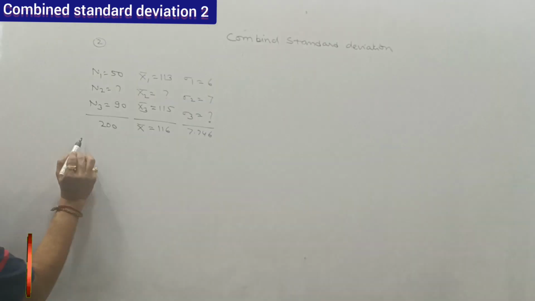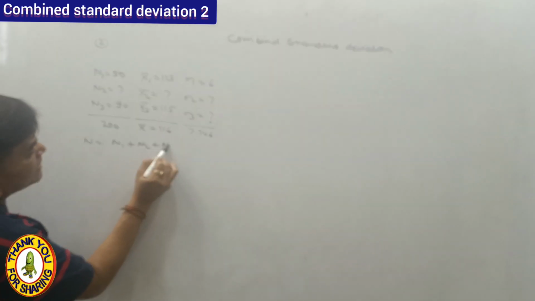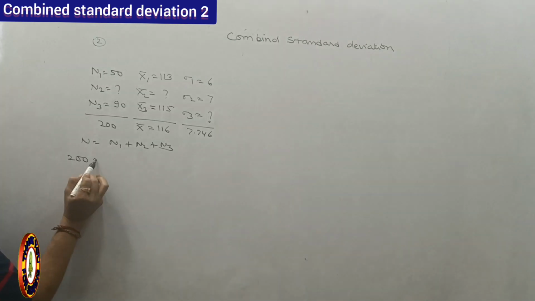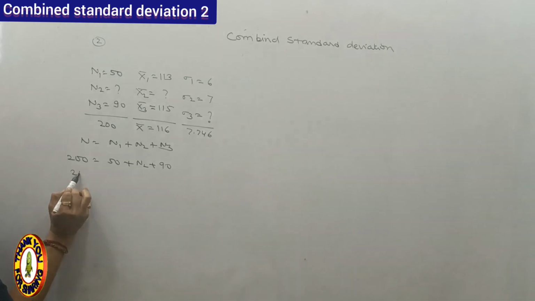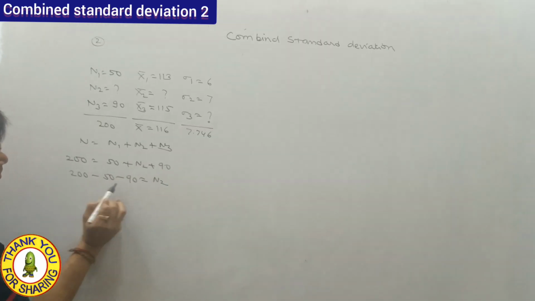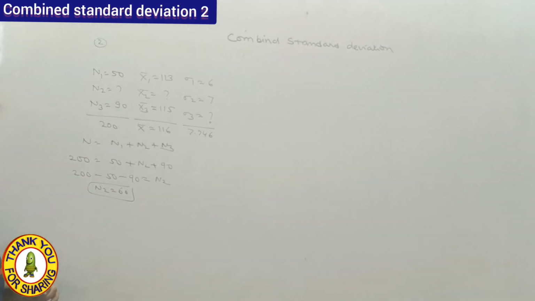So first N is equal to N1 plus N2 plus N3. So 200 is equal to 50 plus N2 plus 90. So 200 minus 50 minus 90, that is N2. So the value of N2 is 60.